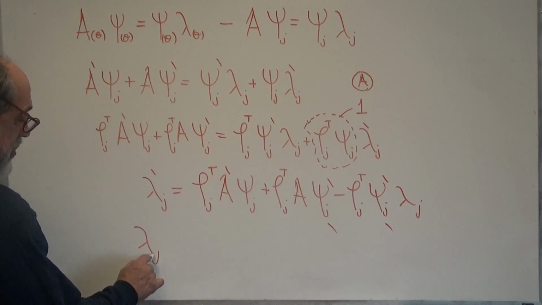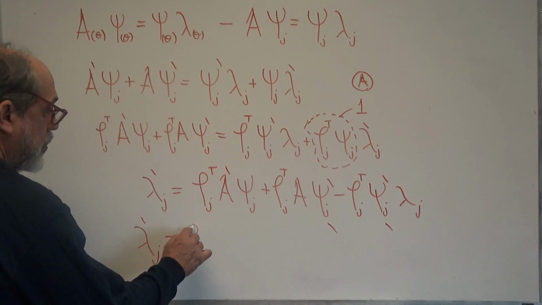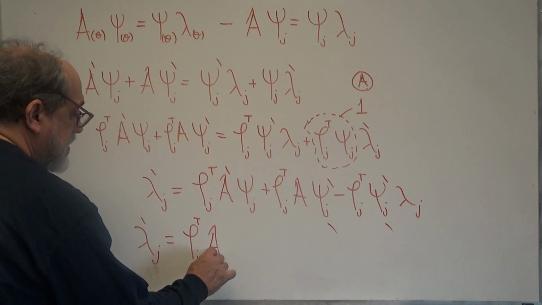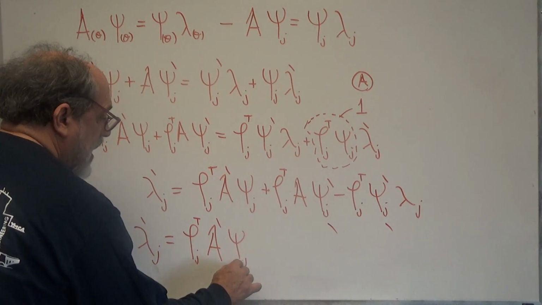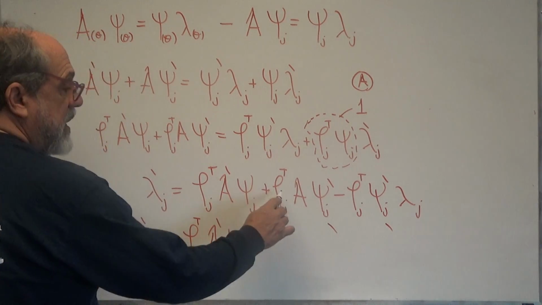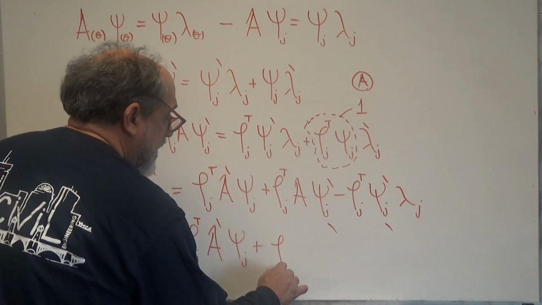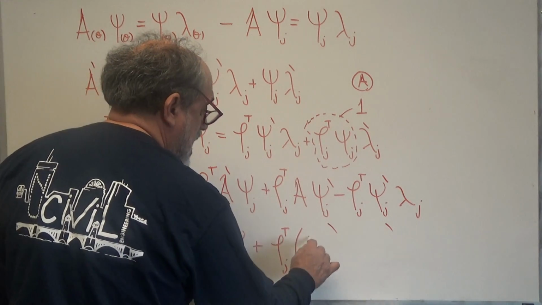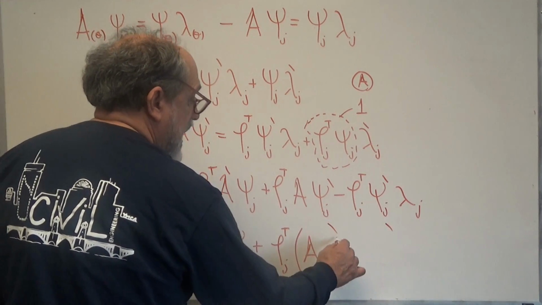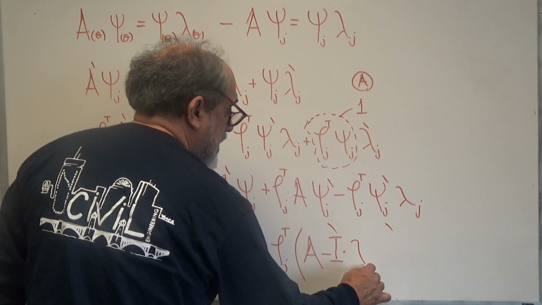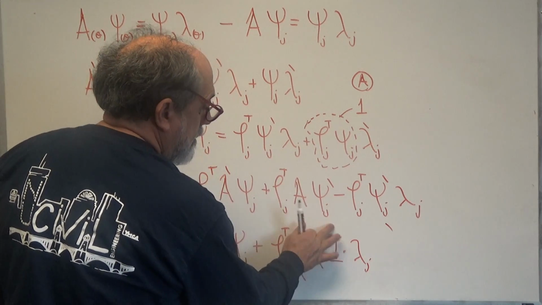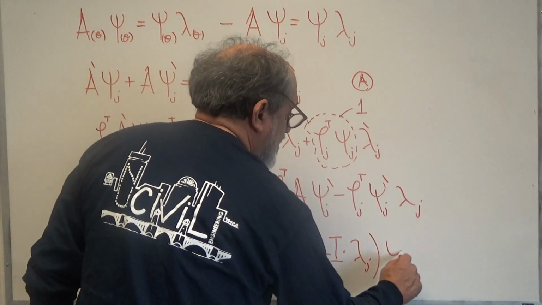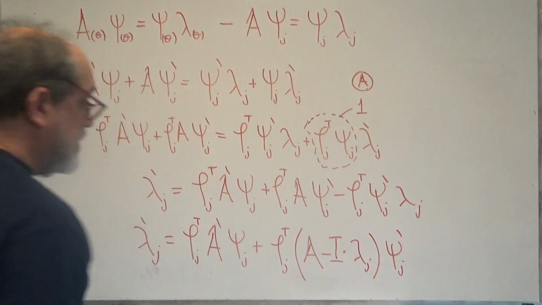So we'll have lambda j prime is equal to rho j, cj transpose times a prime times phi j plus, and then here we're going to have cj transpose, common factor of a minus the identity times lambda j, close parentheses, phi j prime, right?